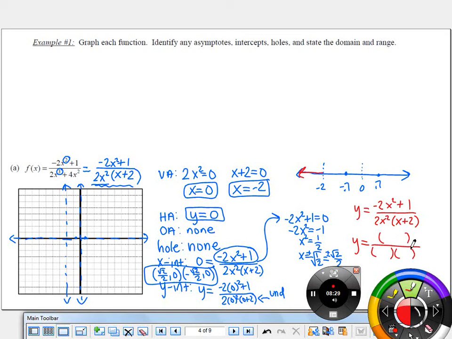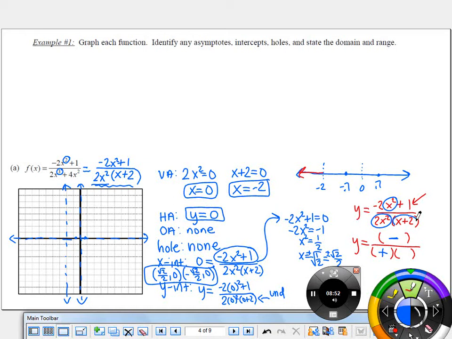So if I'm looking at numbers less than negative 2, say I pick negative 10. If I plug negative 10 into this numerator, first I would square it. So that's going to make positive 100 times negative 2 would be negative 200 plus 1 would be some negative number. Okay, that's all I'm looking at. If I plug it in here, squaring the negative is going to make a big positive number.